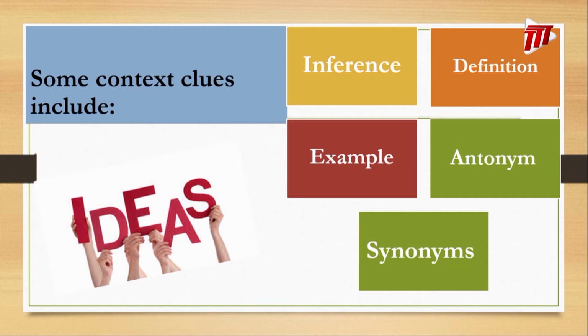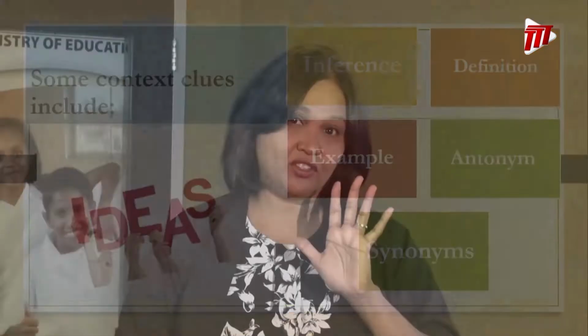So today we are going to look at five different types of context clues: inference clues, definition clues, example clues, antonym clues, and synonym clues. Don't get worried. As we go through each section, you will understand each type of clue, how they are used, and how you can define words using each type of clue.